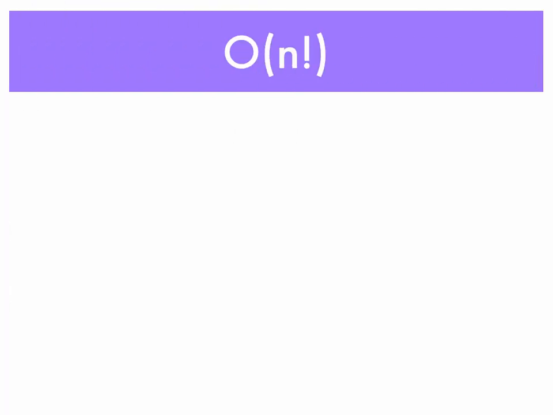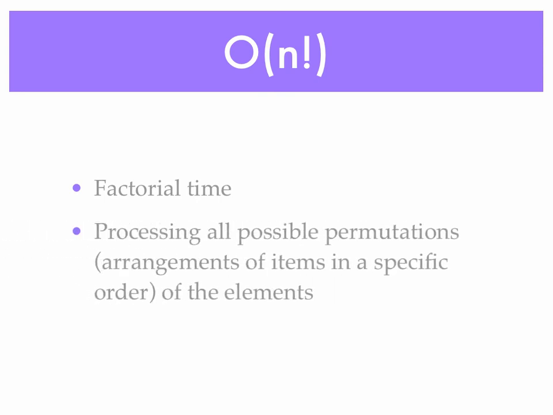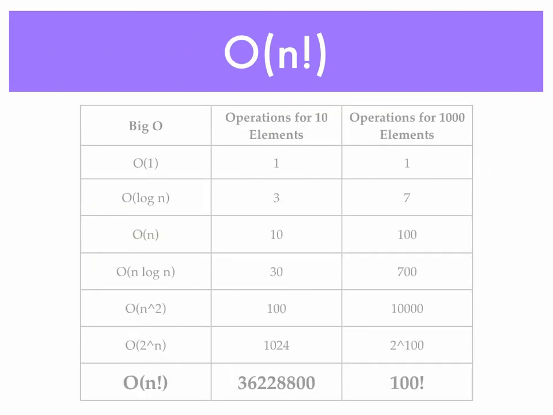Lastly, we'll look at O(n!). This is called factorial time. And it processes all the possible permutations. And a permutation is an arrangement of items in a specific order. It processes all the possible permutations of the elements. And it has very fast growth.